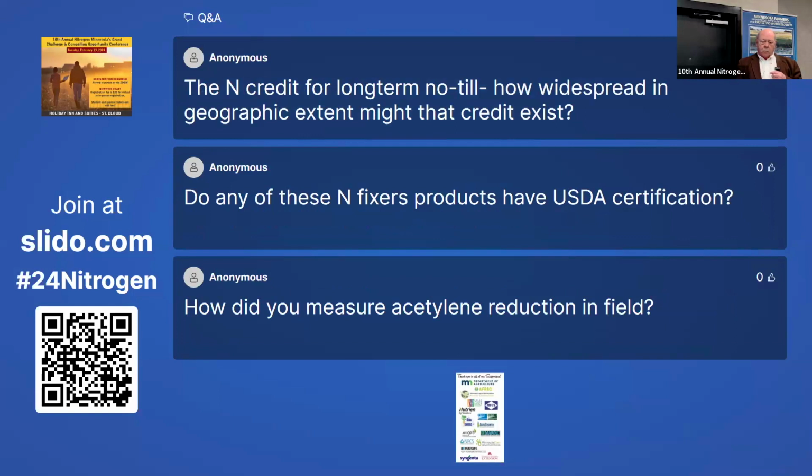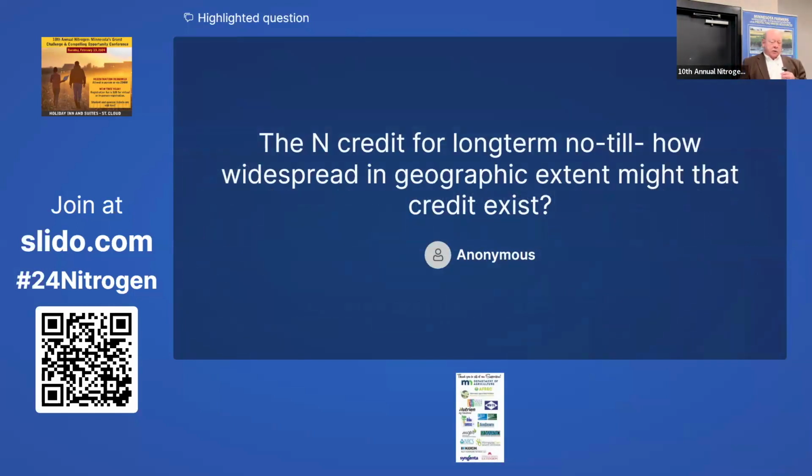First question: the N credit for long-term no-till, how widespread in geographic extent might that credit exist? Certainly within the state boundaries of North Dakota, though magically at the Red River, everything changes.